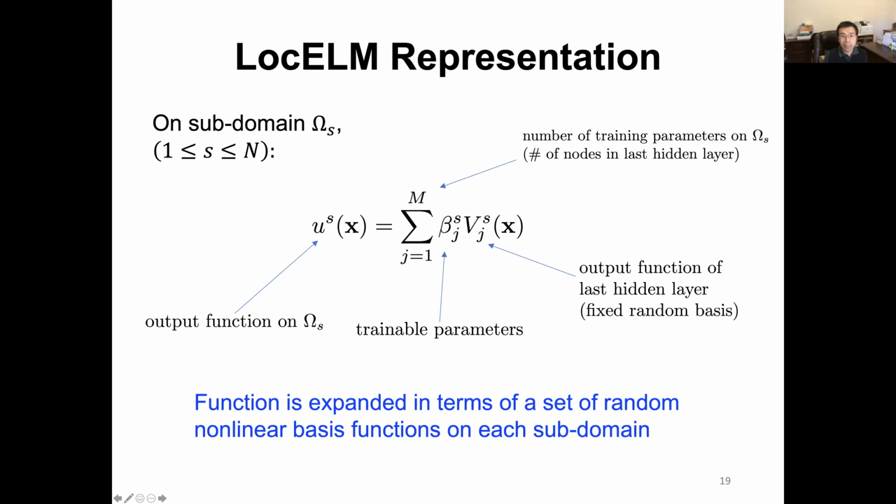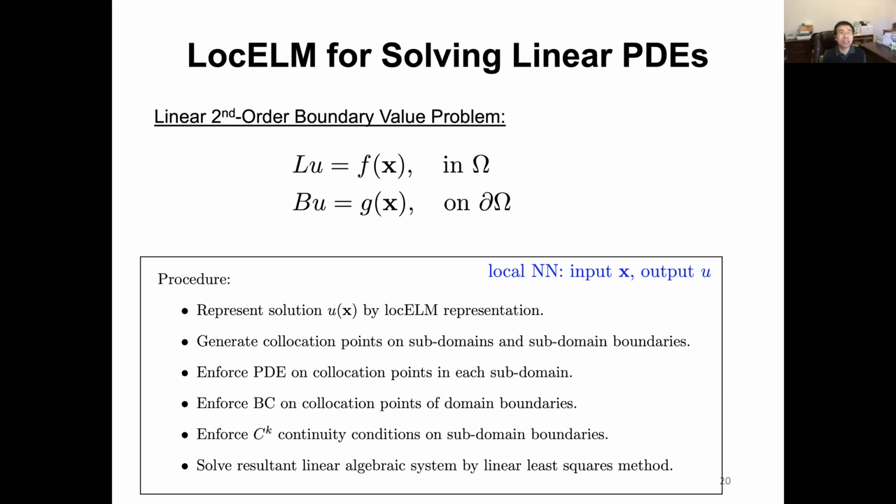That's the main idea. In some ways it's in a similar spirit to the spectral element method, but here it is a set of random nonlinear basis functions. So that's the key here.